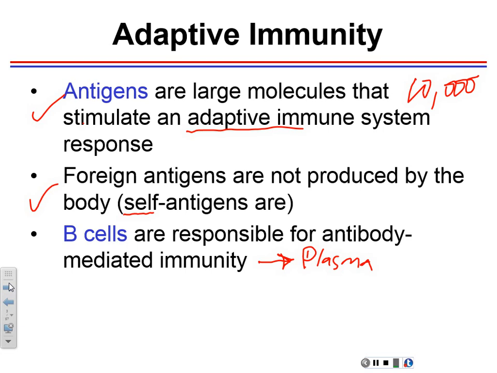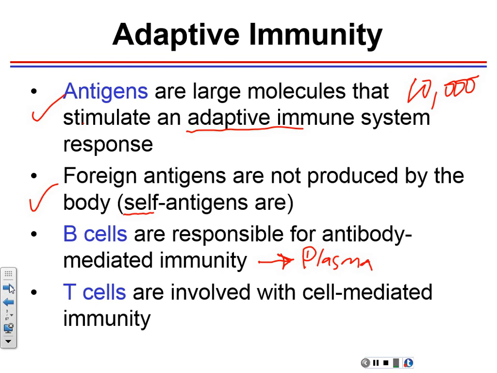Not the B cell, all right? So B cells are responsible for the antibody-mediated immunity because they are the ones that differentiate into plasma cells, all right? And then the T cells are the ones that are responsible for the cell-mediated immunity because you have the cytotoxic T cells that kill infected cells, all right? So just know the differences between those two.